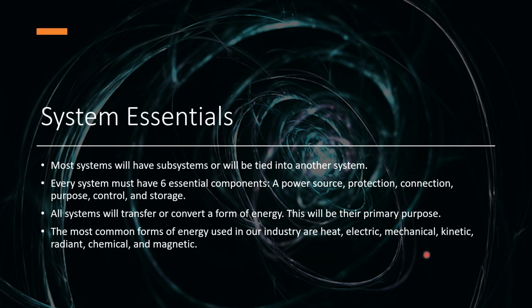For example, the brake system. Let's talk about the brake system real quick, just to give you an idea of what I'm talking about. In the brake system, we have kinetic energy. Kinetic energy is the energy that's moving, right? So movement. We have the truck or the school bus moving forward. That's kinetic energy. We're going to convert that kinetic energy into heat, and we use the brake system to do that.